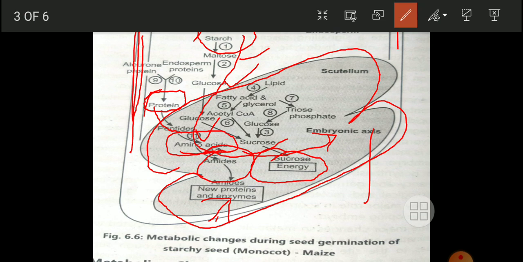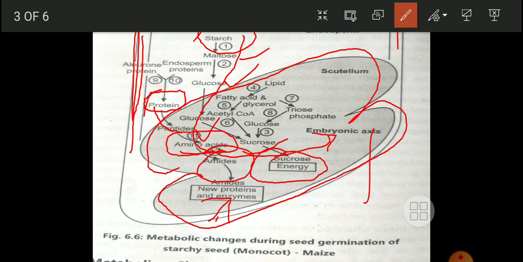Already we know that food material is stored in the seeds in the form of aleurone protein, endosperm protein, and starch, and that is resynthesized and reutilized. Energy is generated from that, and those newly developed products are used at the developing embryonic axis.